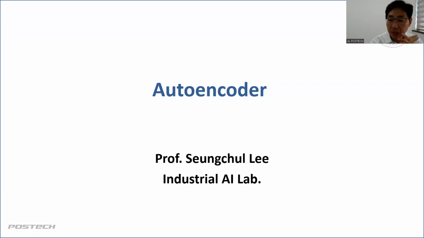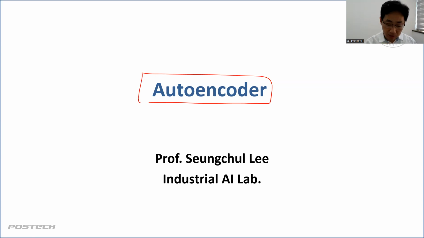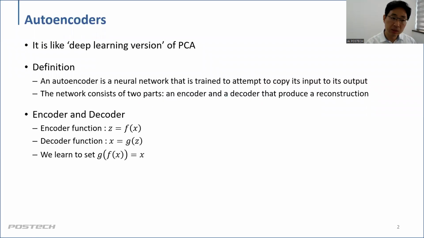So this is going to be the last topic for this semester, which is autoencoder. Most of the students probably are hearing about autoencoder for the first time. Autoencoder is like the deep learning version of principal component analysis.